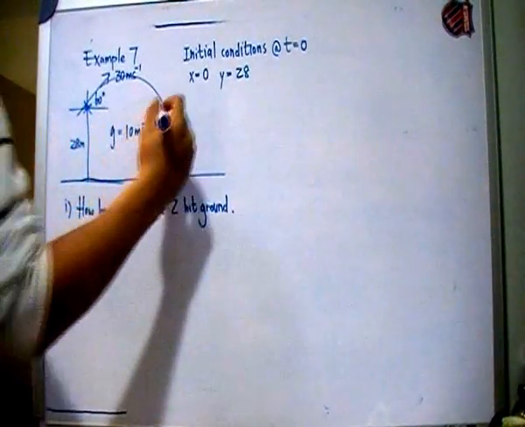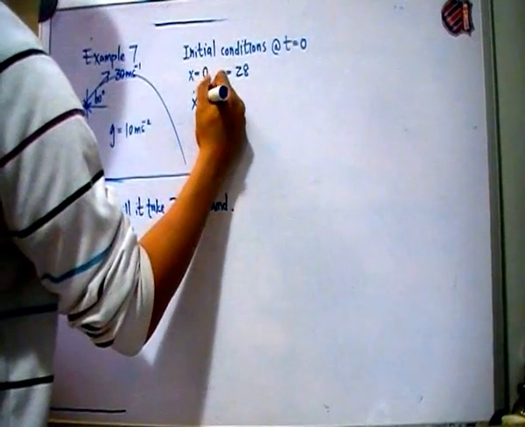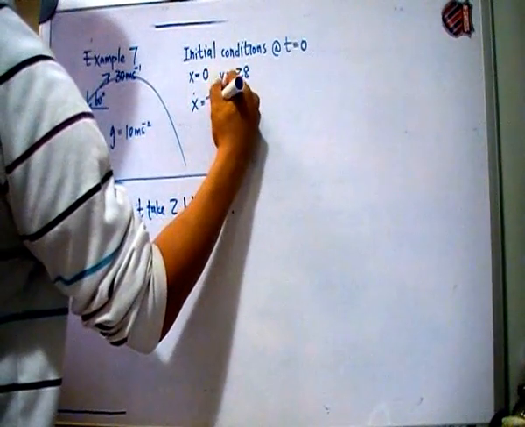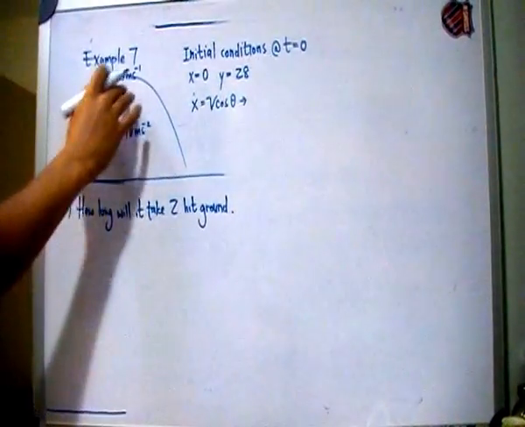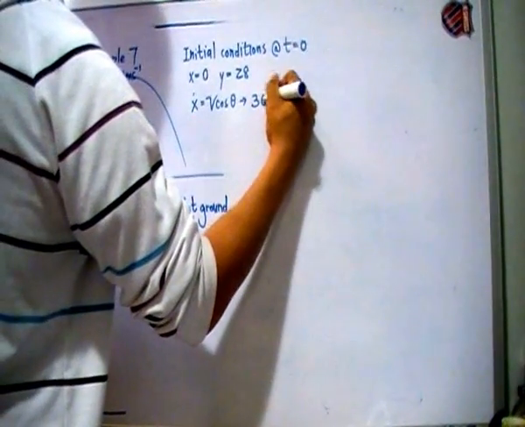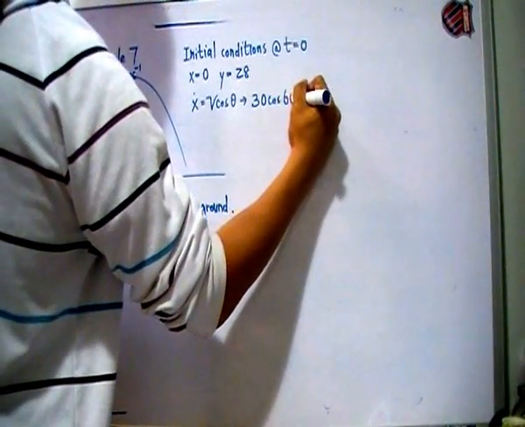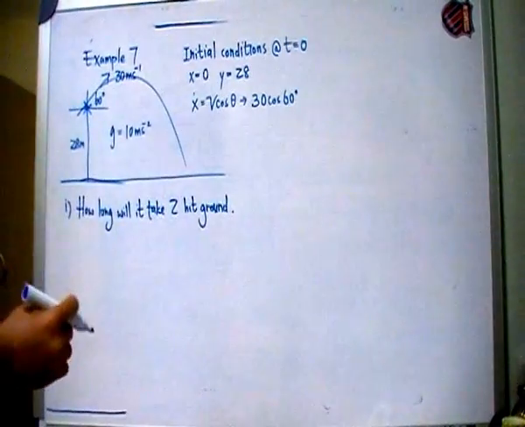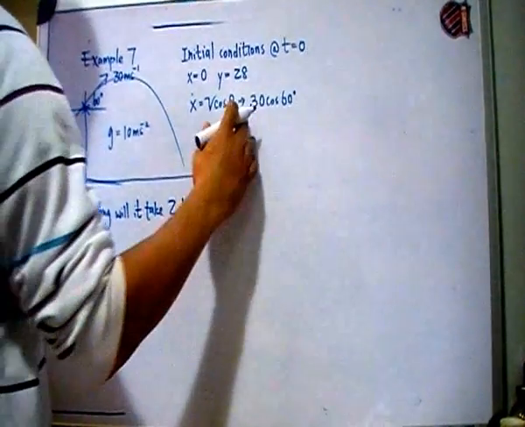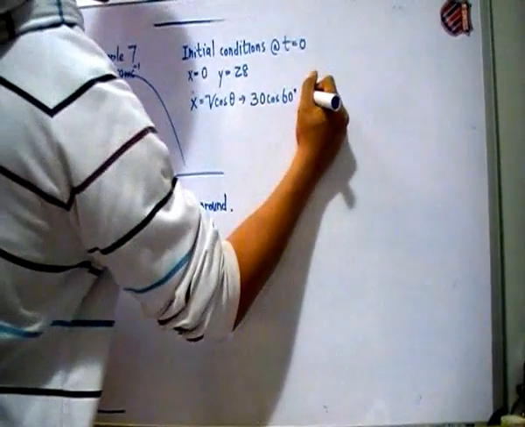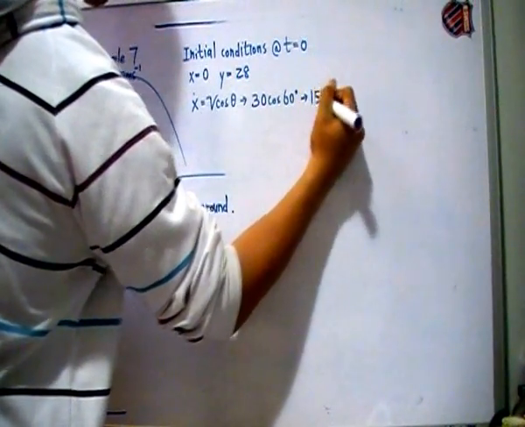Your x dot is always going to be v cos theta. What's your v cos theta in this case? It is 30 cos 60 degrees. Cos 60 is half, which gives you 15.